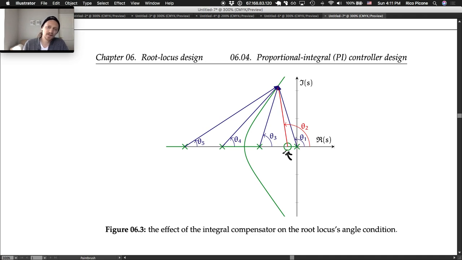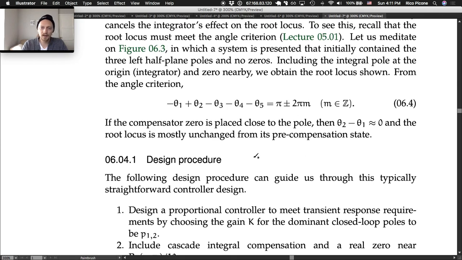And we see that by saying, okay, the original angle criterion was that with these 3 poles, theta 3, theta 4, and theta 5, had to sum up to pi, or 2 pi plus pi, or 4 pi plus pi, etc. So that's what 6.4 is telling you. We had theta 3, theta 4, and theta 5, all pole angles, so they're all negative here. We had to add up to pi.